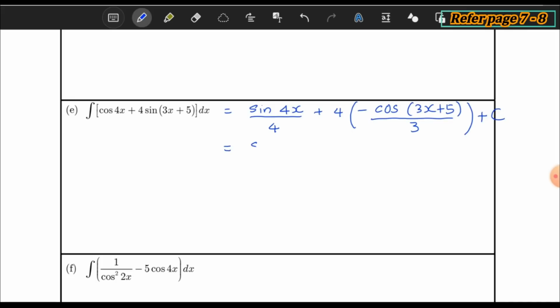The final answer will be sin 4x over 4 minus 4 over 3 cos(3x + 5) plus c.